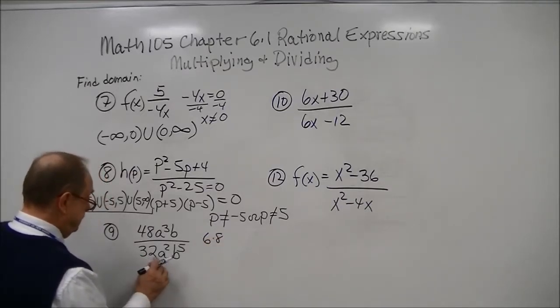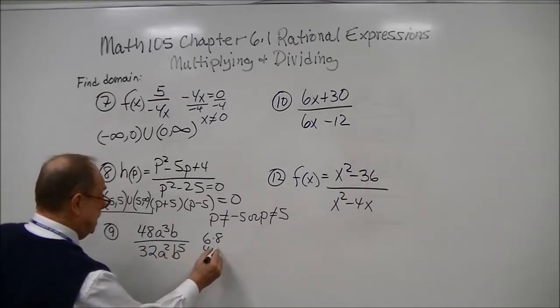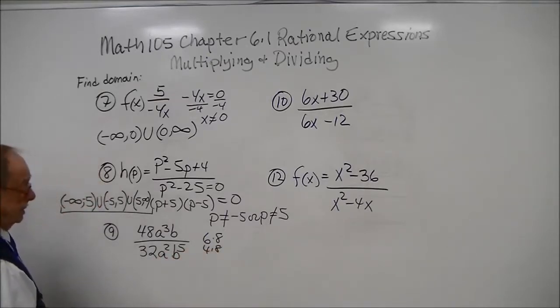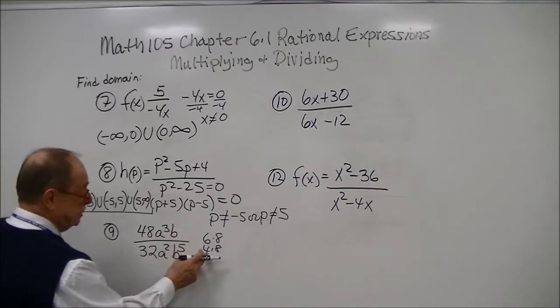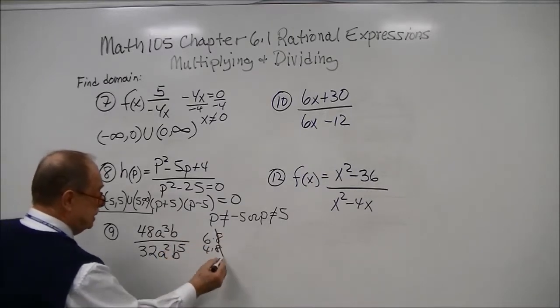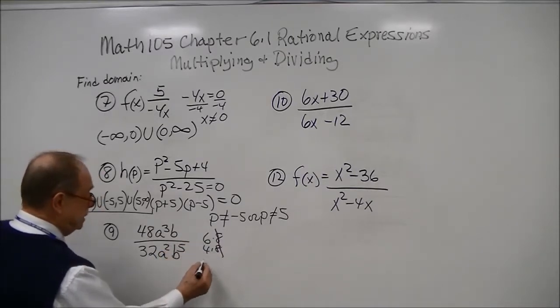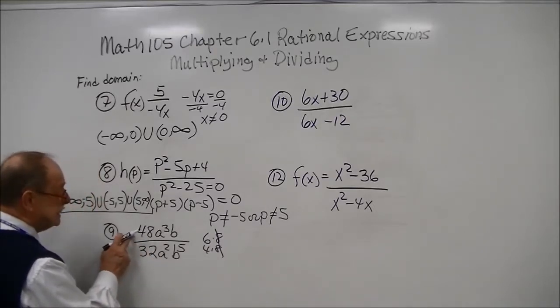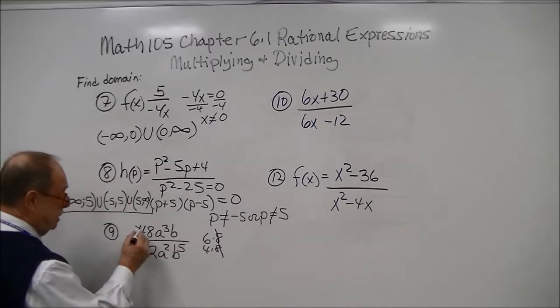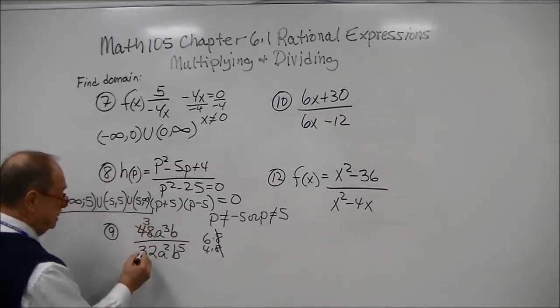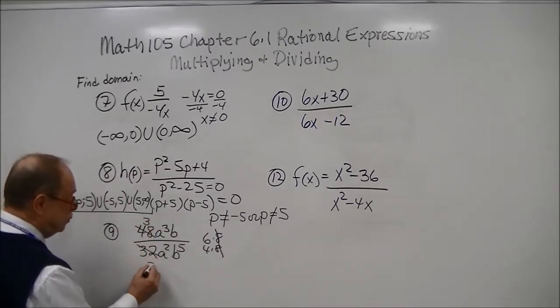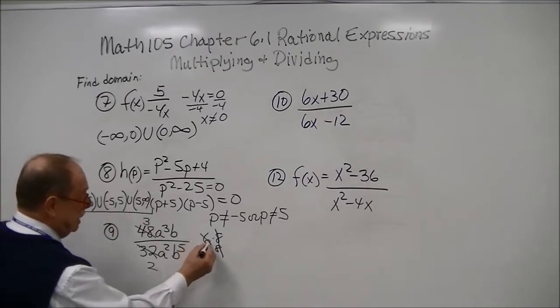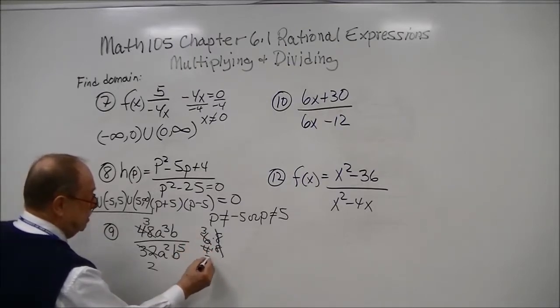And this is 4 times 8. And I can actually see another 2 in there, so the 8s would cancel out. Actually, you could factor a 16 out of there, and that would go 3 times. 16 would go out of there twice. So that gives me my 3 and my 2.